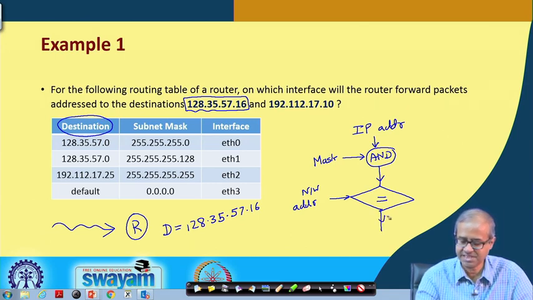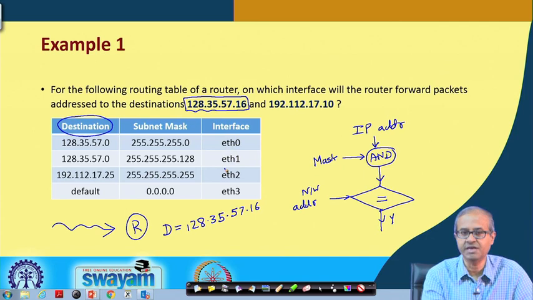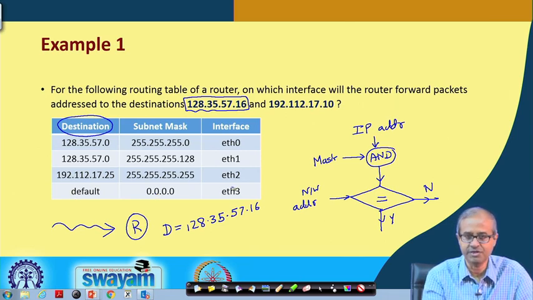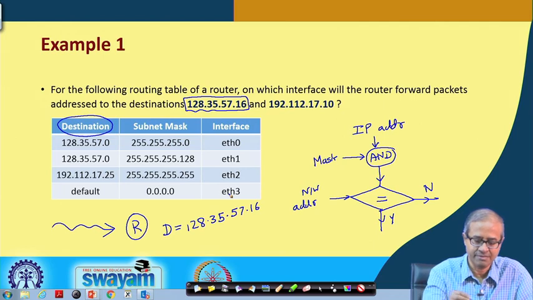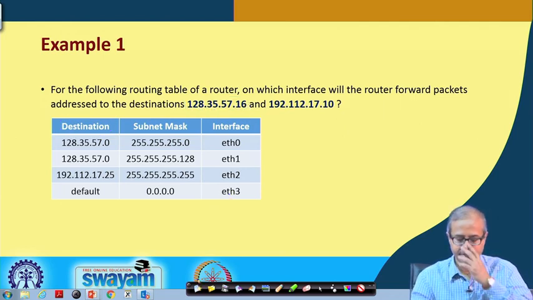If there is a match, then we follow the outgoing interface. But if we do not find any match anywhere, then we take the default route, and it will be forwarded to ETH3.